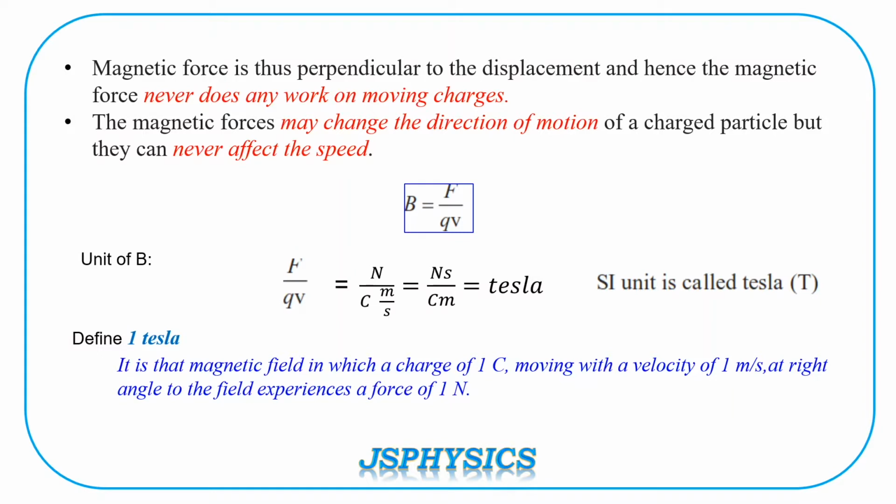Also, we have another unit of magnetic induction, Gauss. The relation between the SI unit Tesla and Gauss is 1 Tesla is 10 raised to 4 Gauss.